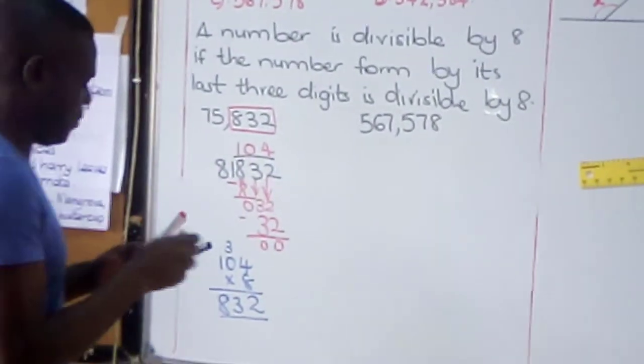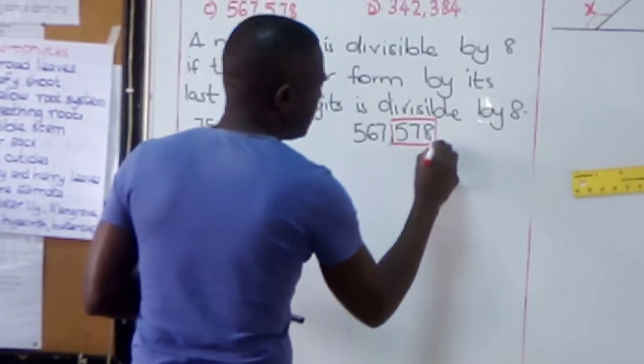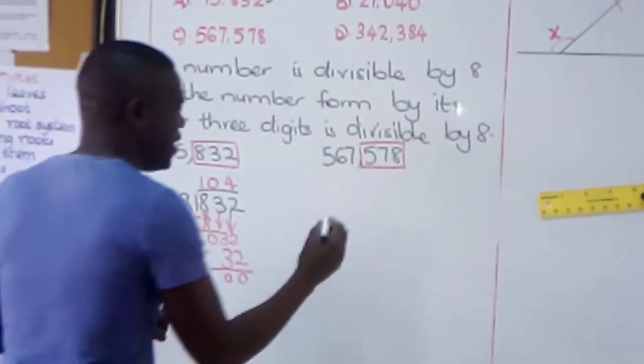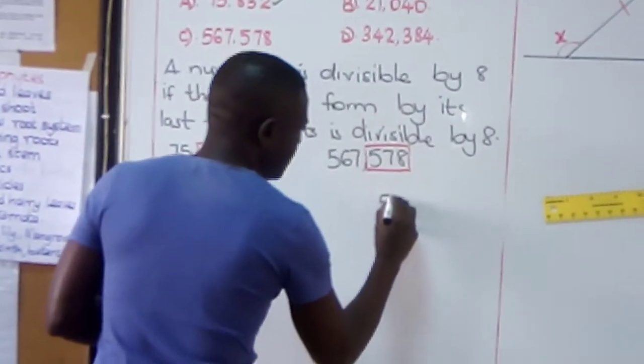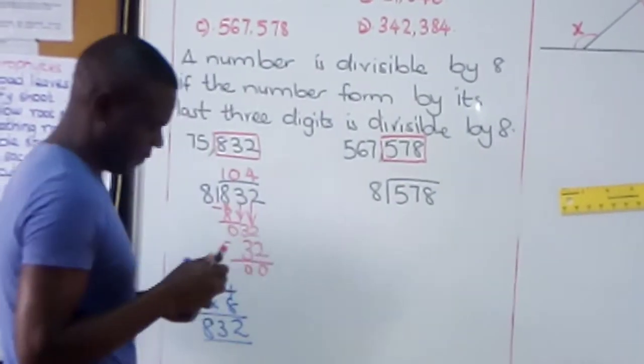The last 3 digits in this number is 578. And so what do we do? We divide 578 divided by 8.